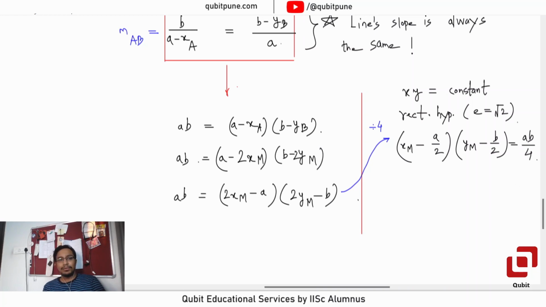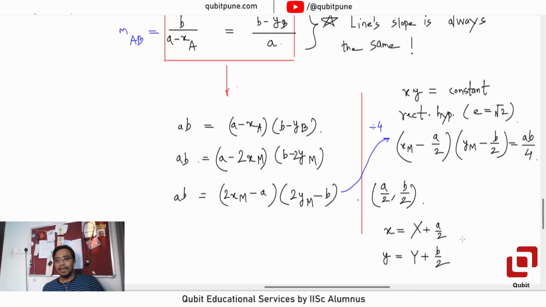Now if you shift the origin to (a by 2, b by 2), then these will be your coordinates, right? X is equal to x plus h and y will be equal to y plus k.